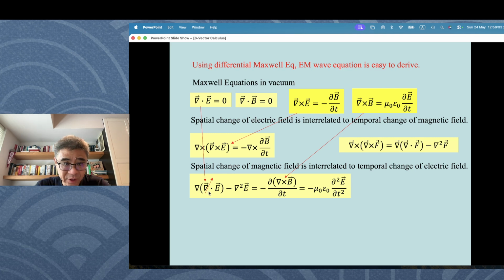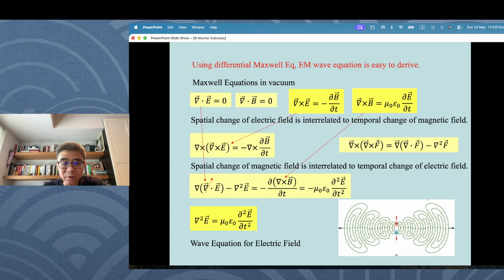So the first term vanishes, so what's left is a Laplacian. So put everything together, I arrive at a very, very simple partial differential equation. The left-hand side, the Laplacian E, equals mu 0 epsilon 0 times the partial square of the electric field, partial t square. Okay, so that's the wave equation for electric field.